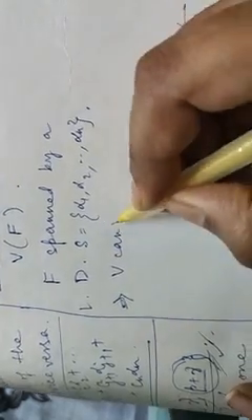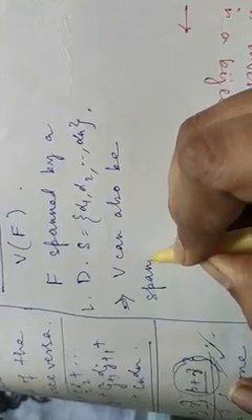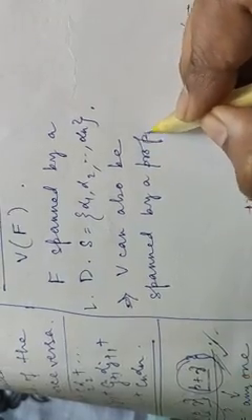Then V can also be spanned by a proper suitable subset of S.